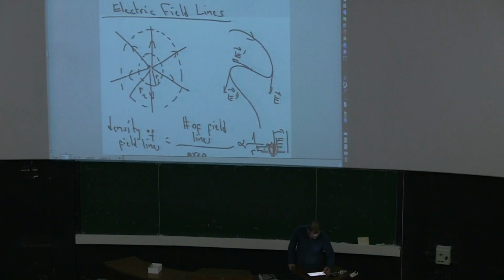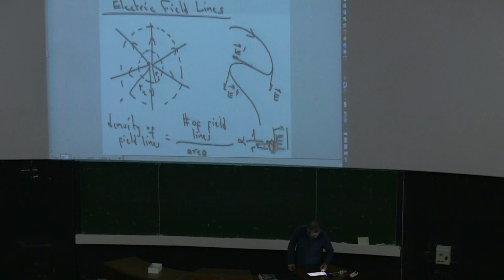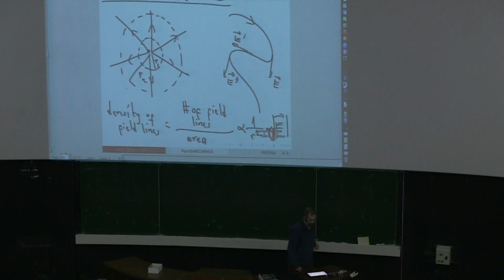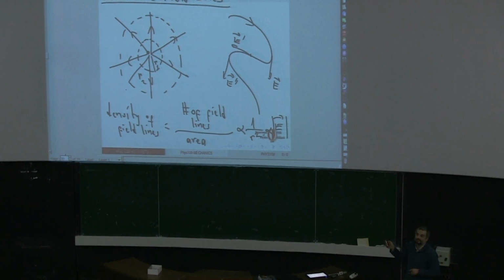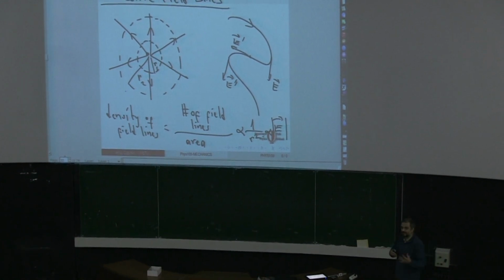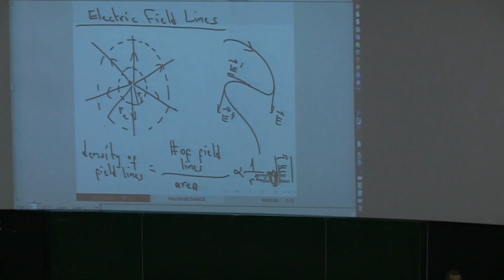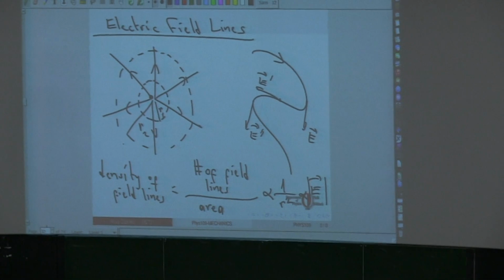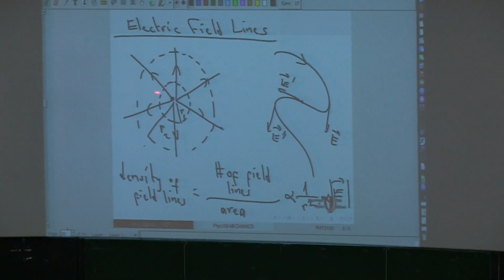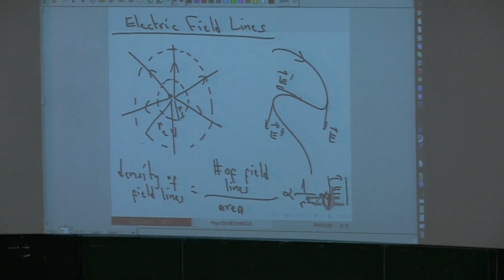What we had said is that rather than showing the electric field vectors at every point, we just prefer to use a sample of field lines. But of course the vectors carry two pieces of information. They have the direction, they have the magnitude. So this information we have to transfer using the field lines.